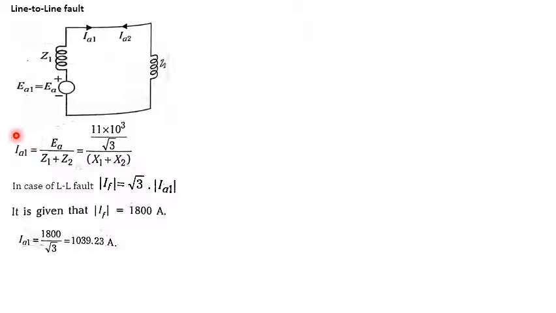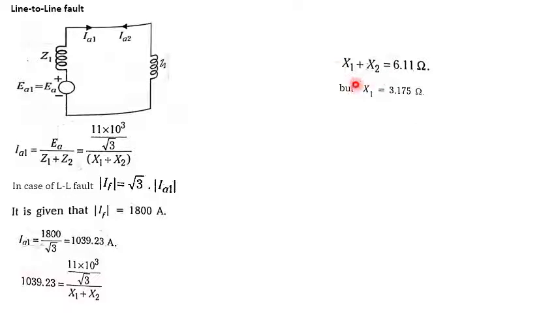Substitute this 1039.23 amperes in this equation, that is the value of IA1, and calculate the values of x1 and x2. Substituting 1039.23 and 11 kV divided by root 3, we will get x1 plus x2 is equal to 6.11 ohm. But we already know the value of x1 from the three phase fault, that is 3.175 ohm.